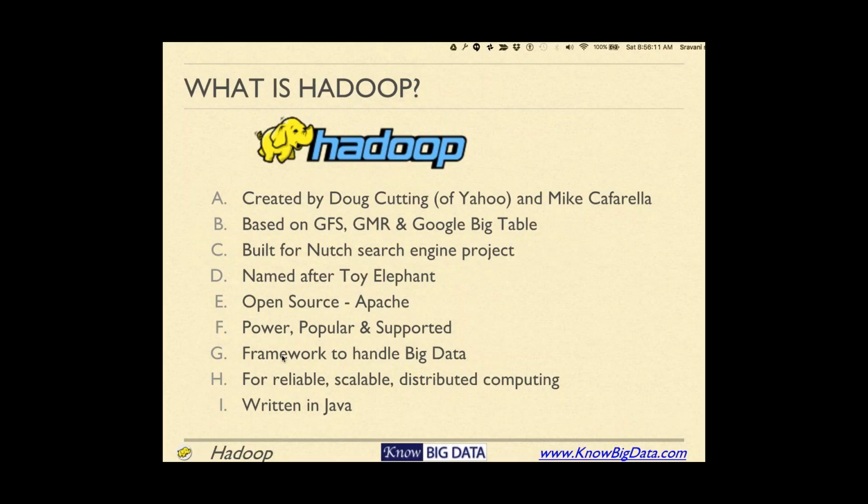Reliable means in case one computer goes down, we should not get hurt. Second, in case you require more computing tomorrow, you should be able to add one more machine to the network.